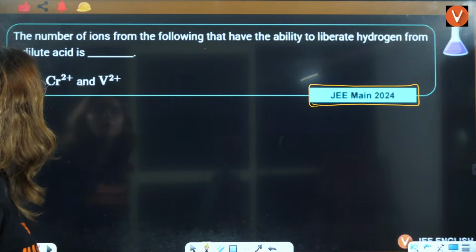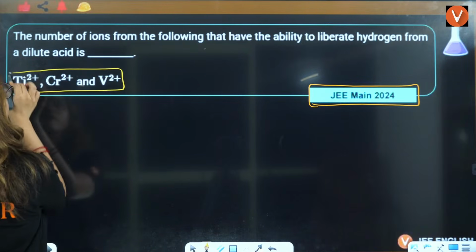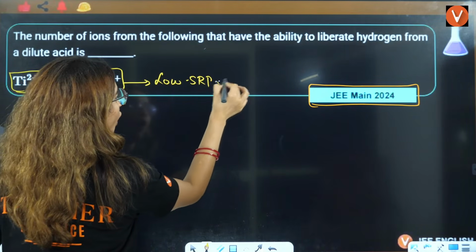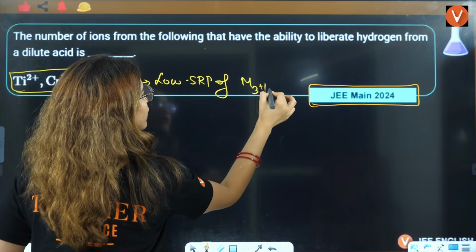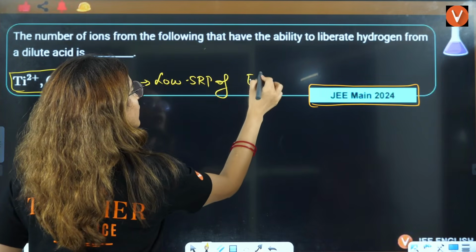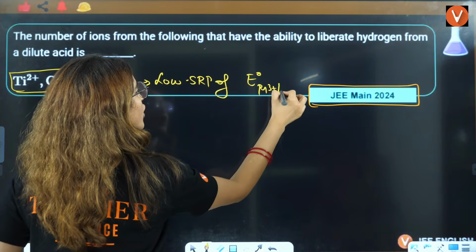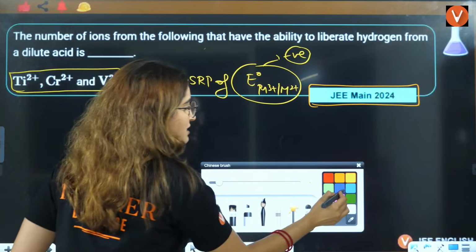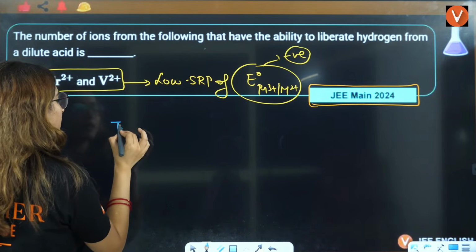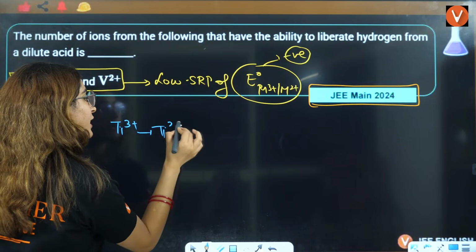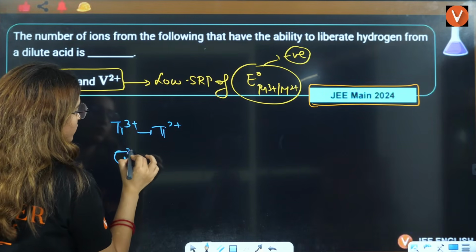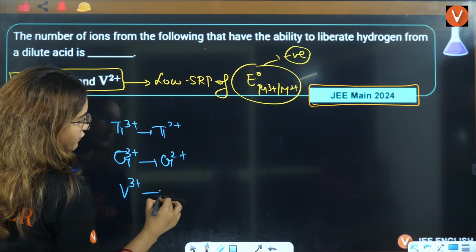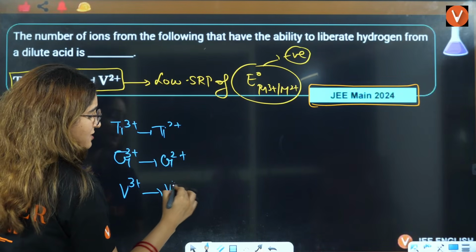These have very low standard reduction potential, E0 of M3+ to M2+ is very low, that means it is negative. So again, titanium 3+ to 2+ is tough, chromium 3+ to 2+ is tough, vanadium 3+ to 2+ is equally tough.